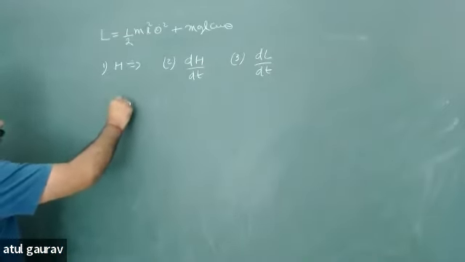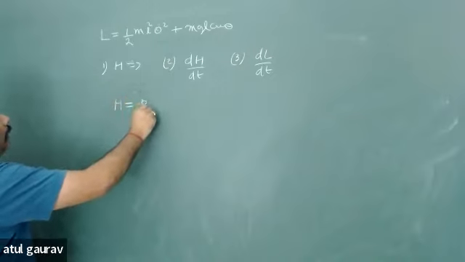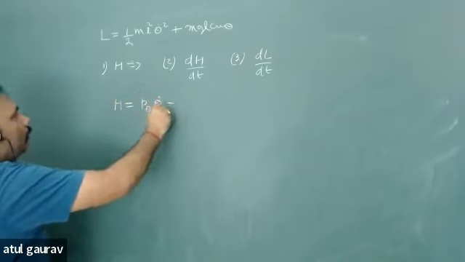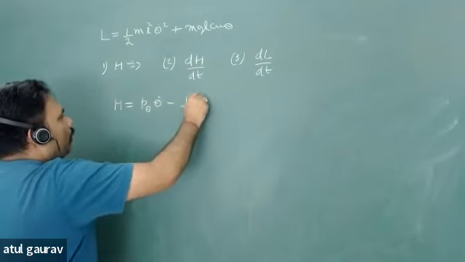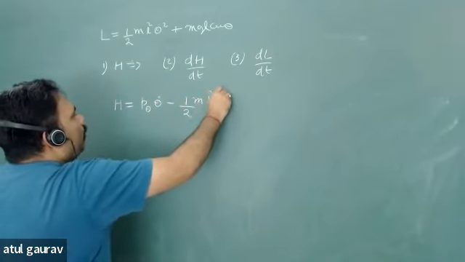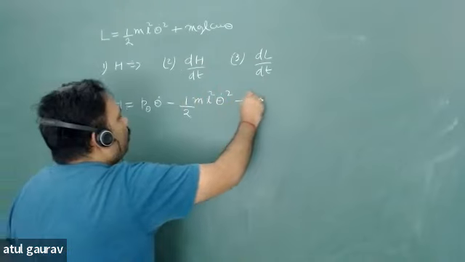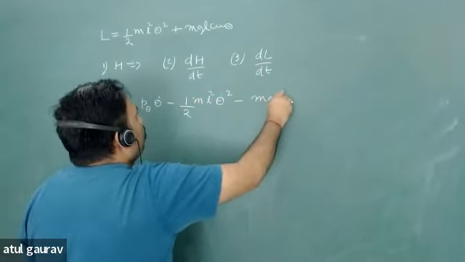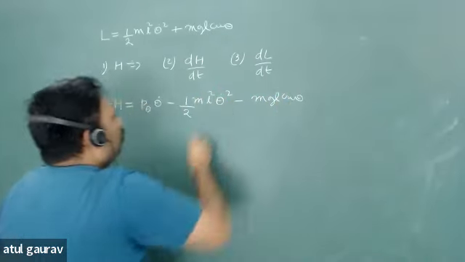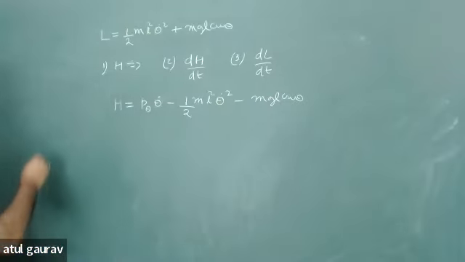So let us first figure out what the Hamiltonian is. The Hamiltonian is p theta theta dot minus half m L square theta dot square minus mgl cos theta. We have to replace this theta dot.